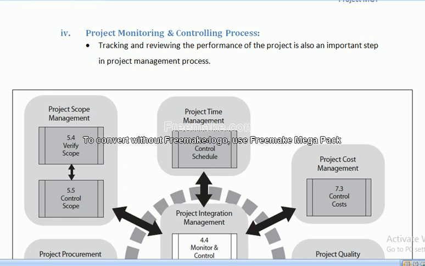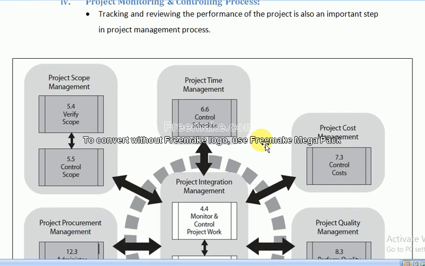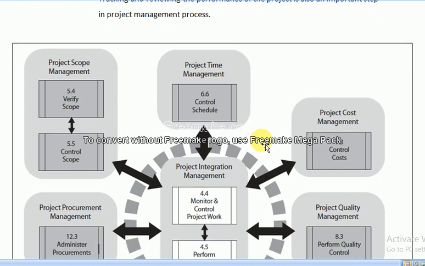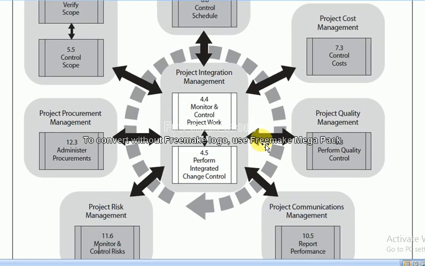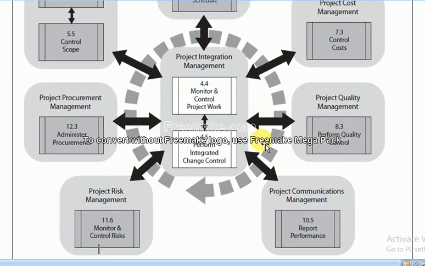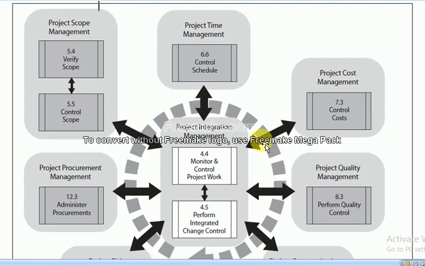If you look at this diagram, in the planning stage we plan all these: how to create the project scope management, how to plan the project time management, how to plan the project cost management, then project quality management, then project communication management, project risk management, project procurement management. In the planning stage, all these are discussed.